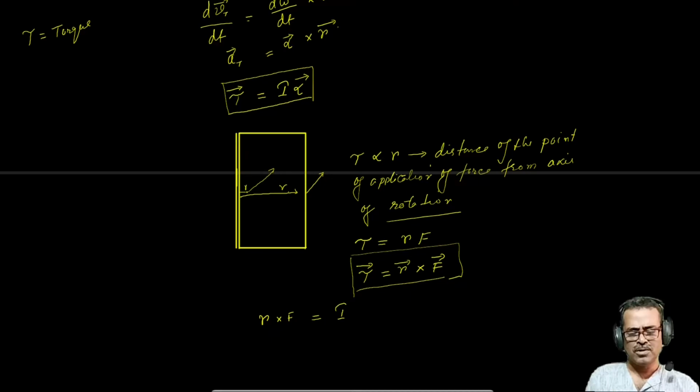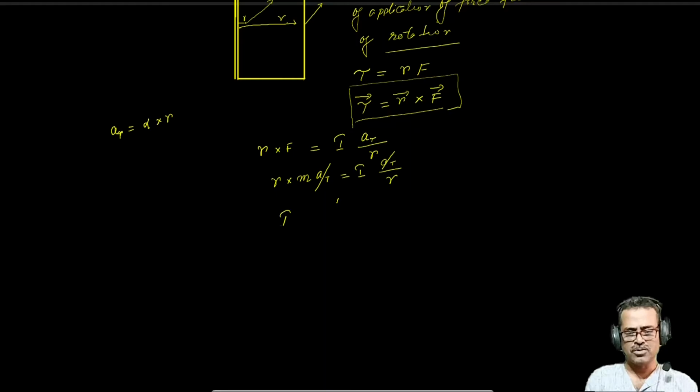Alpha is equal to tangential acceleration divided by R, because tangential acceleration is equal to alpha into R, and F is equal to m into tangential acceleration, so R F is equal to I into a tangential divided by R. Sorry, this is R, and this is ma. F is equal to ma.